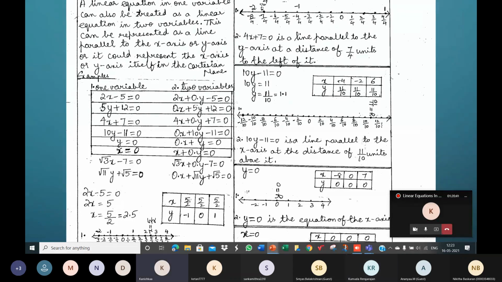Ma'am, x-axis. Very good. It lies on the x-axis. It doesn't lie in any quadrant.